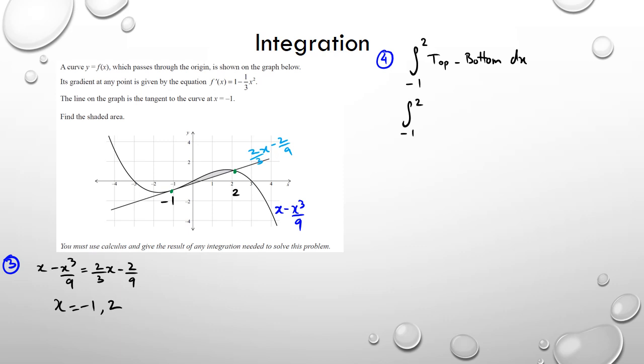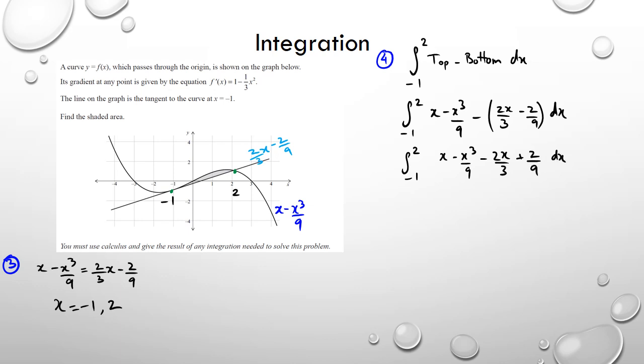The top was f of x, which was x minus x cubed over 9, minus g of x, which is 2x over 3 minus 2 over 9, dx. Okay, so simplifying this equation before integrating it, we have x minus x cubed over 9 minus 2x over 3 plus 2 over 9 dx.